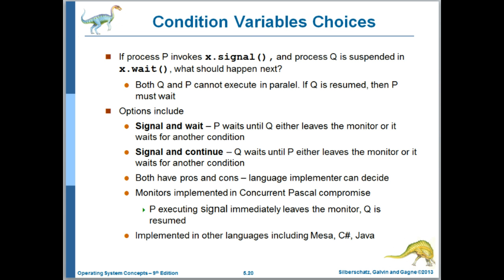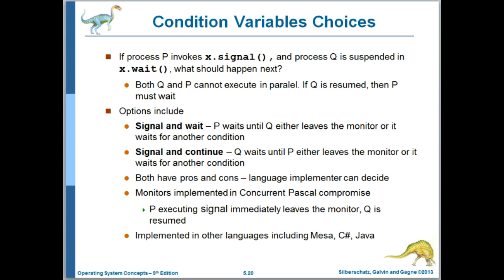So here are some of the design choices. If P signals Q, does Q resume execution immediately, or does P continue executing, and once P leaves the monitor, Q is allowed to resume execution?